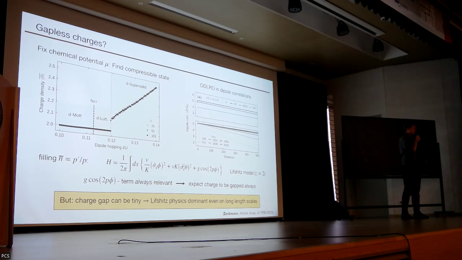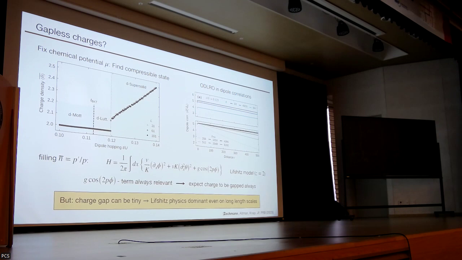In practice, we find that this gap can be so small that on the system sizes that we can access numerically, you don't see it. And therefore in the numerics it looks just like you would expect from the clean Lifshitz. If you could calculate everything exactly, then the charge density as a function of hopping should look like a very tiny step. That would be the expectation, exactly. Thank you.